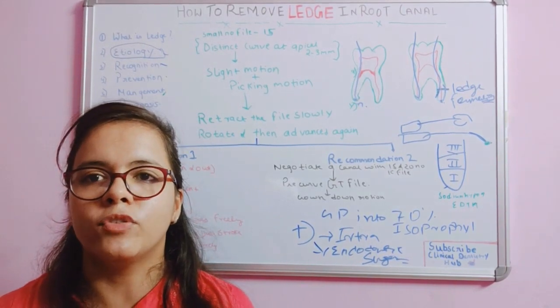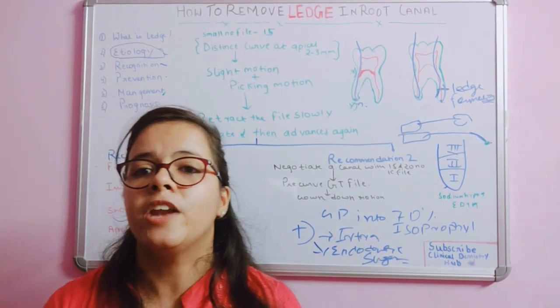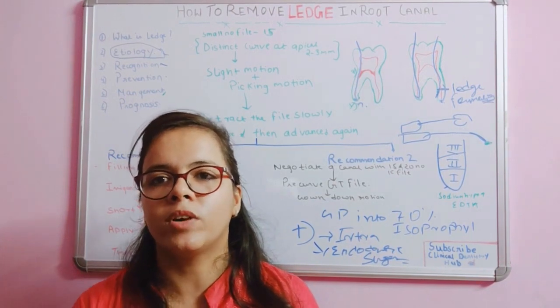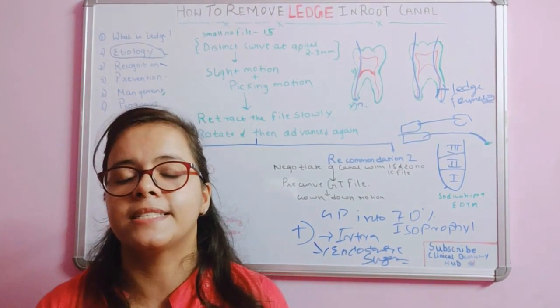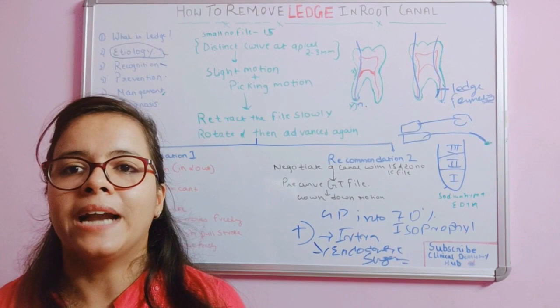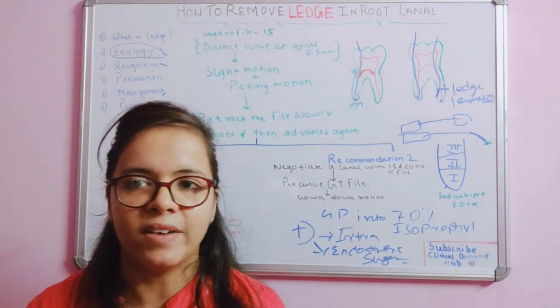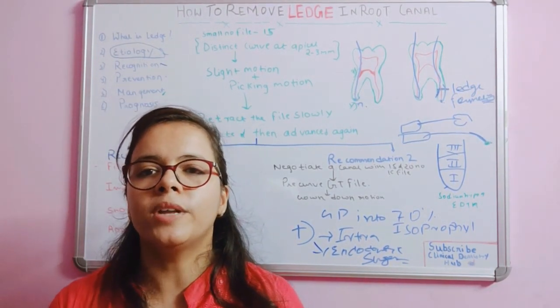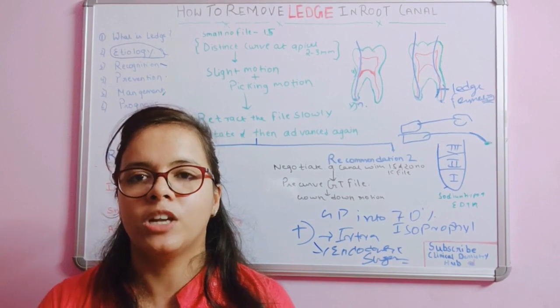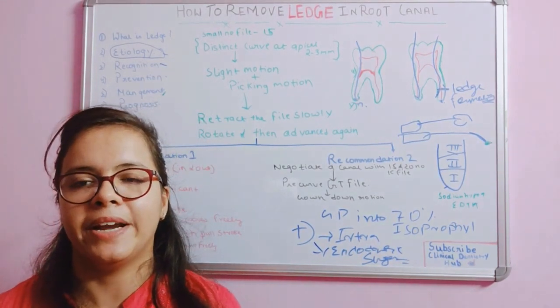In that case, if you try to clear the apical portion and you are not able to bypass and you are going for the medicament therapy, the prognosis has shown that up to 30% of cases have survived. You try to clear off your apical pathology with the help of intracanal medicament.